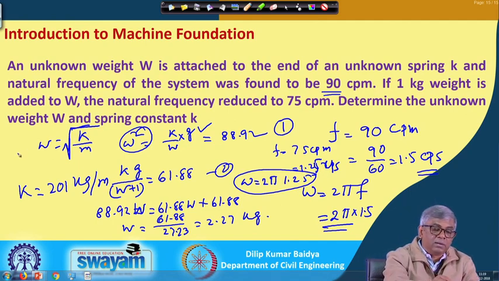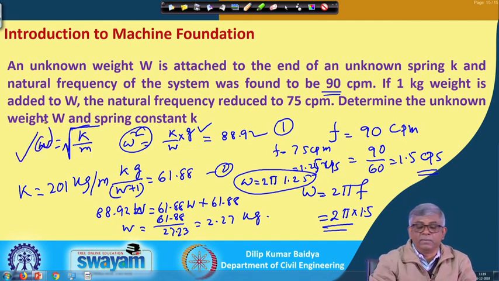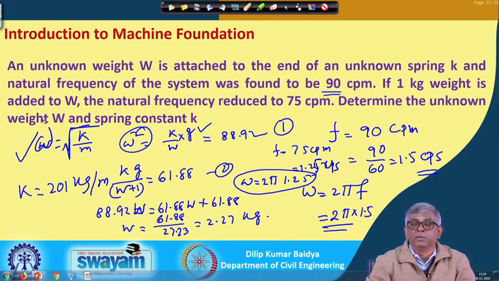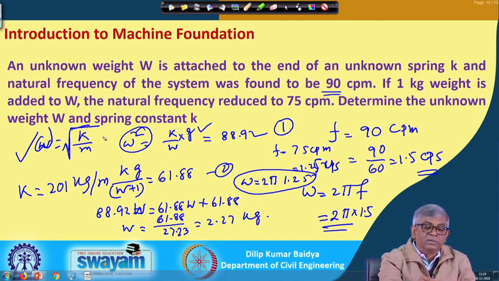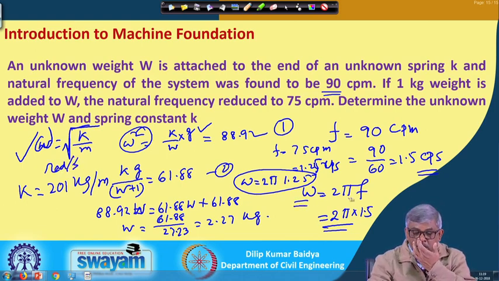This is a simple problem in vibration. In any vibration problem, the natural frequency is defined as omega equal to under root k by m, but here the natural frequency is given in cycles per minute, and that has to be converted into cycles per second, and omega is in radians per second. So, I have to convert f to omega.